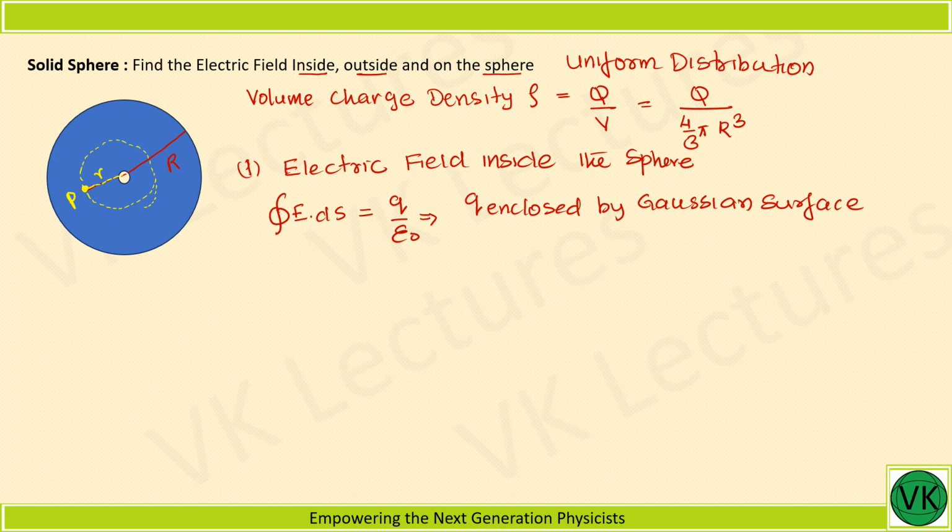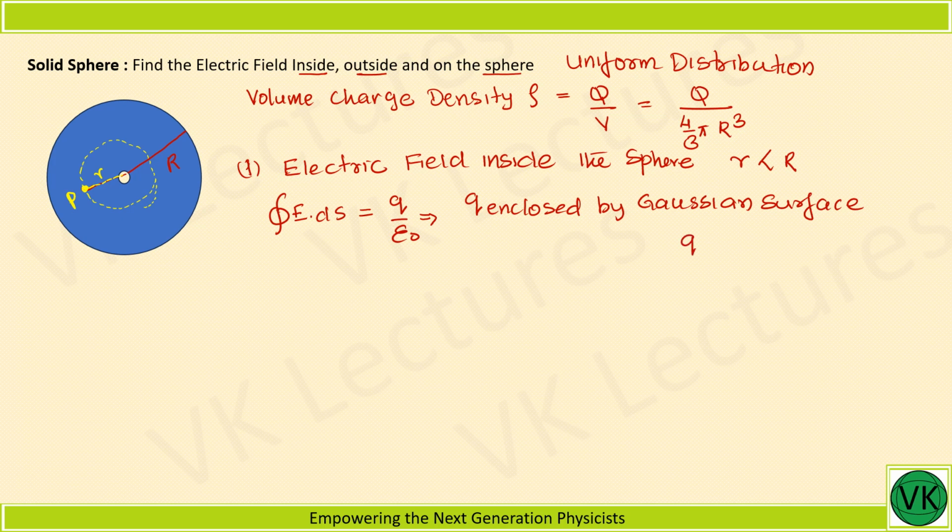Now since we are dealing with the electric field inside, you can write small letter r is less than the capital R. So how to calculate the Q enclosed?